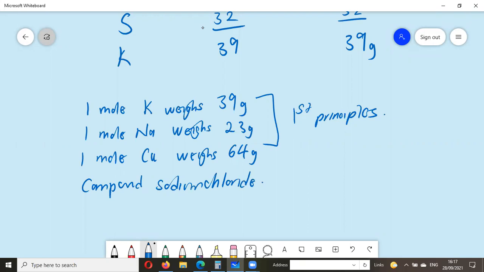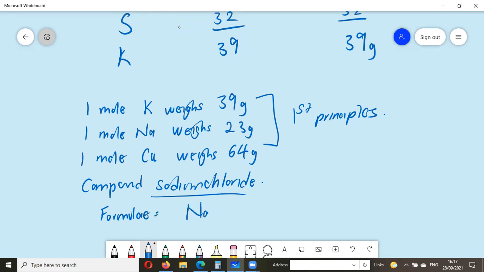How do you find the mass of that one? The first thing you know is to get the formula first. So the formula of sodium chloride is what?